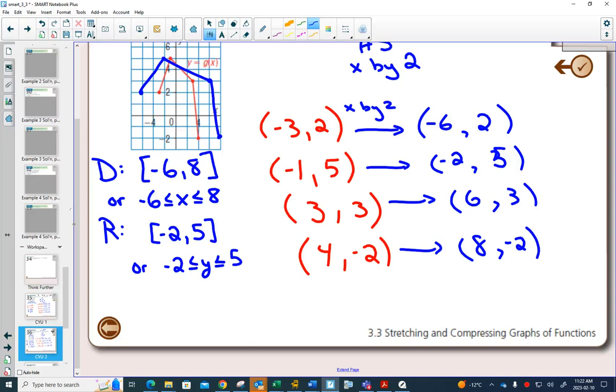For the red one, I'll just do one notation. Smallest x value, -3. Biggest x value, 4. Smallest y value, -2. Biggest y value, 5.